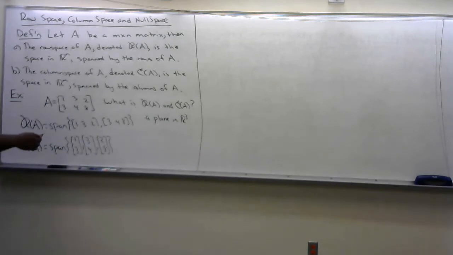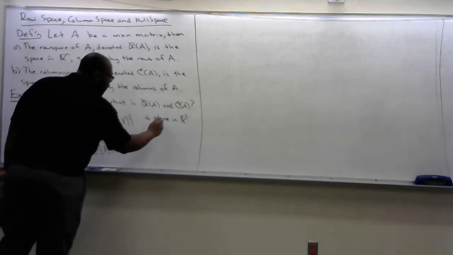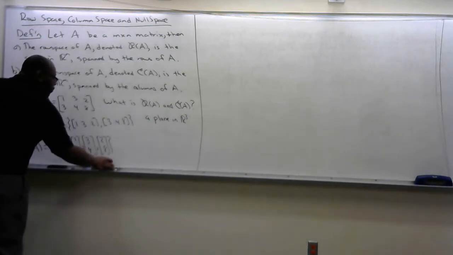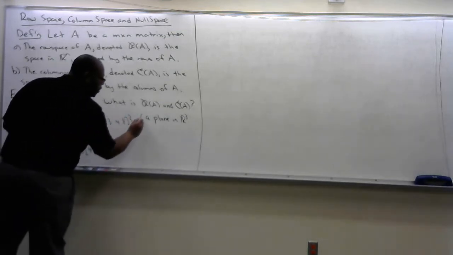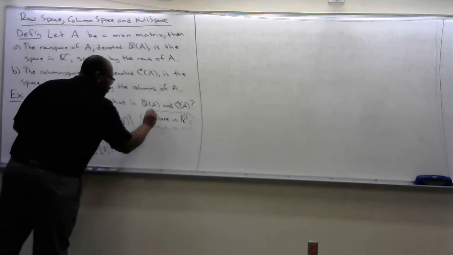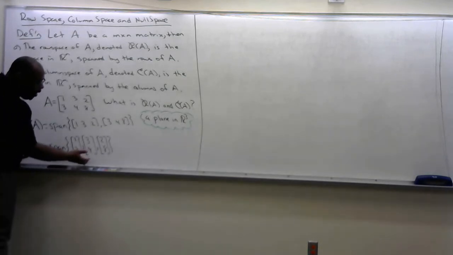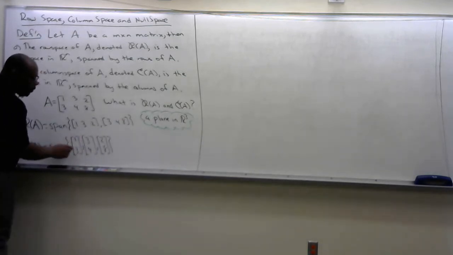So the row space of A is going to be a plane in R^3. What's the column space of A going to be? Well, if we look at this, we have at least two linearly independent vectors. 1, 3 and 3, 4 are definitely linearly independent vectors.